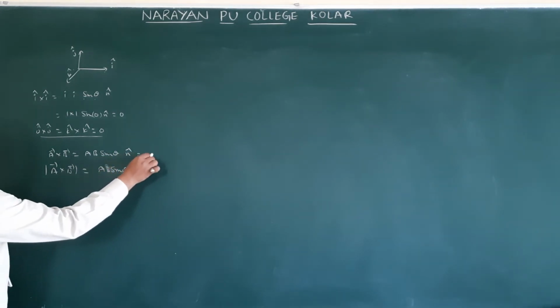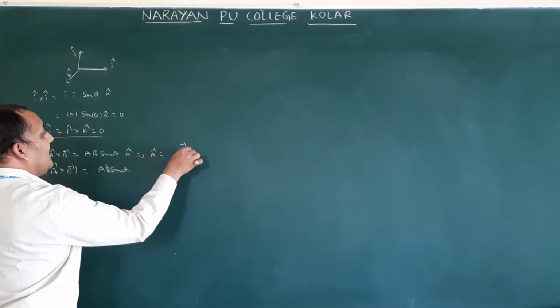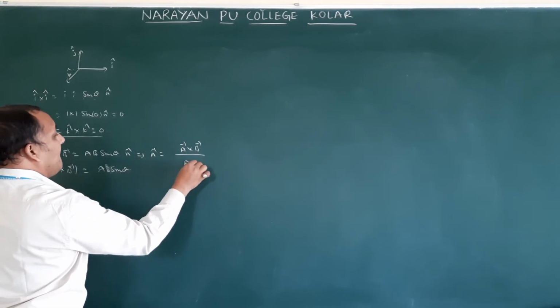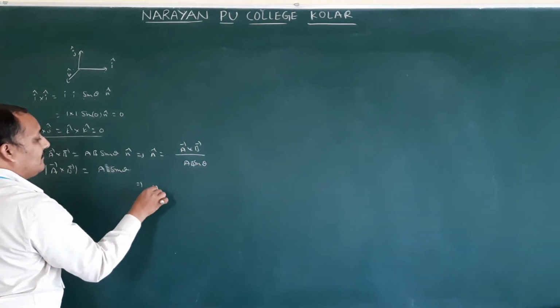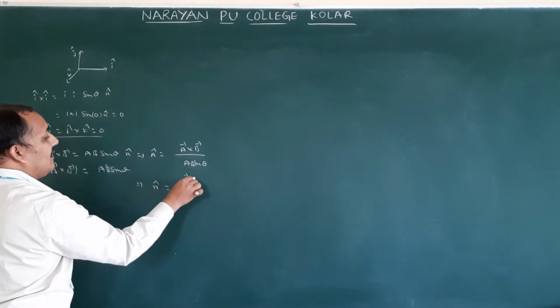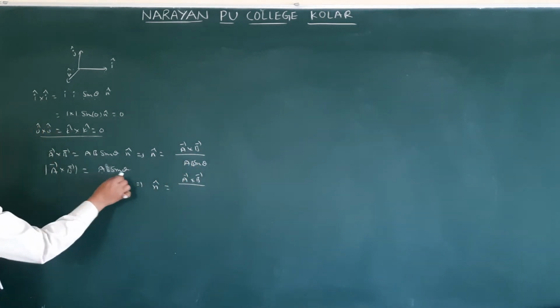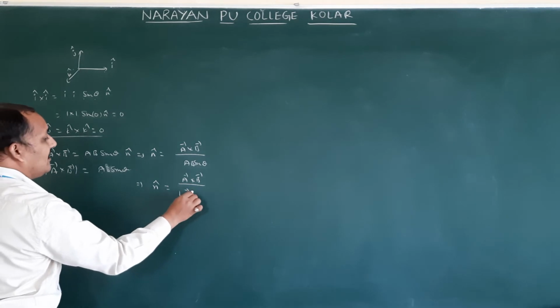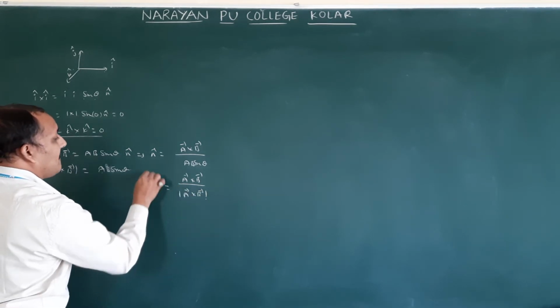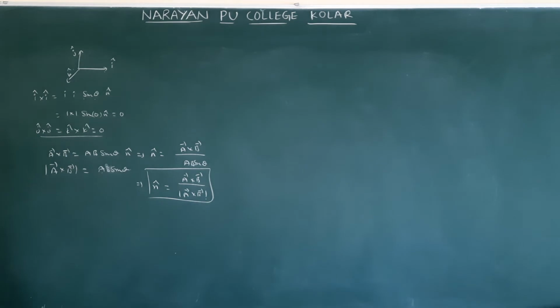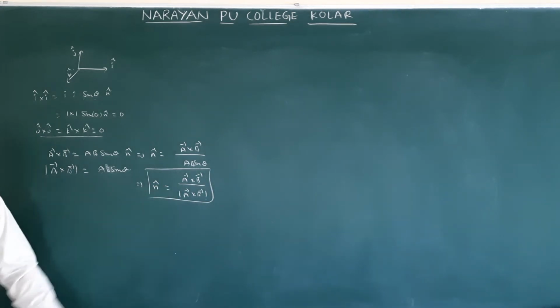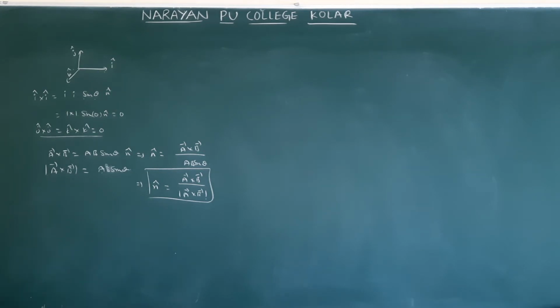So n cap is equal to a bar cross b bar by ab sin theta, which is the modulus of a bar cross b bar. So when they ask for the unit vector, you should use this equation. And from this you will also get the sin theta equation: sin theta equals the modulus of a bar cross b bar by ab, the modulus of a times the modulus of b.